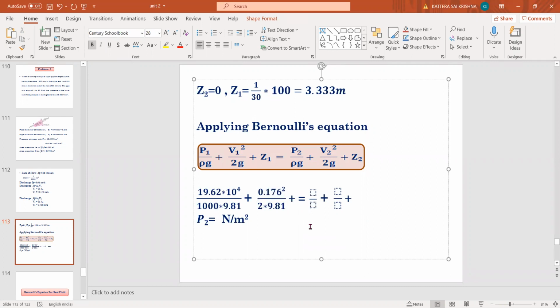Now substitute the Z1 value we found, 3.333. P2 we don't know, we need to calculate.